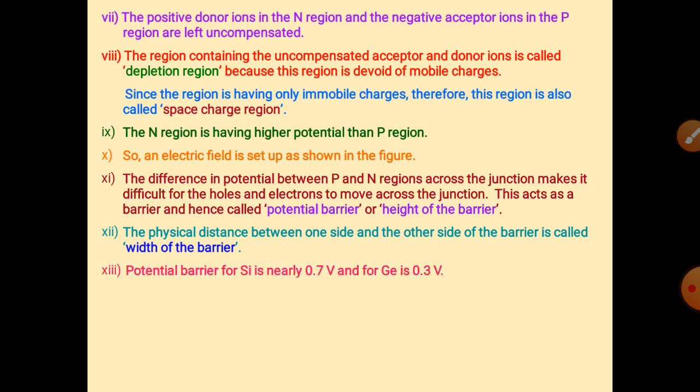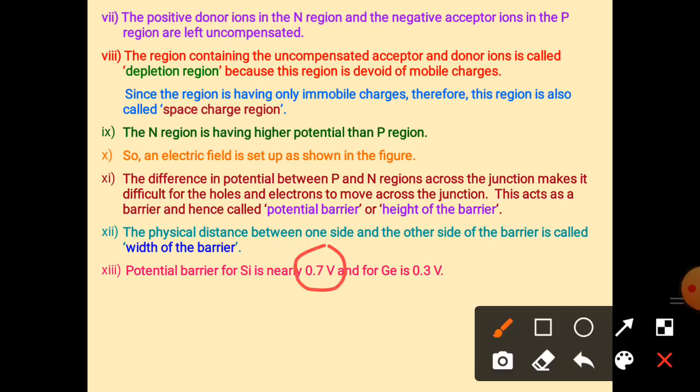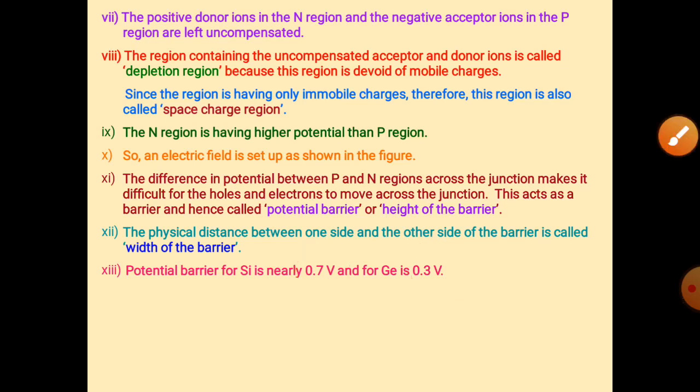Different semiconductors have different barrier heights, for example for silicon 0.7 volt and for germanium 0.3 volt. The potential barrier is in the form of voltage. Whenever an electron gets this amount, for example in silicon, it can move easily from one semiconductor to the other, and germanium needs lesser energy, 0.3 volt.